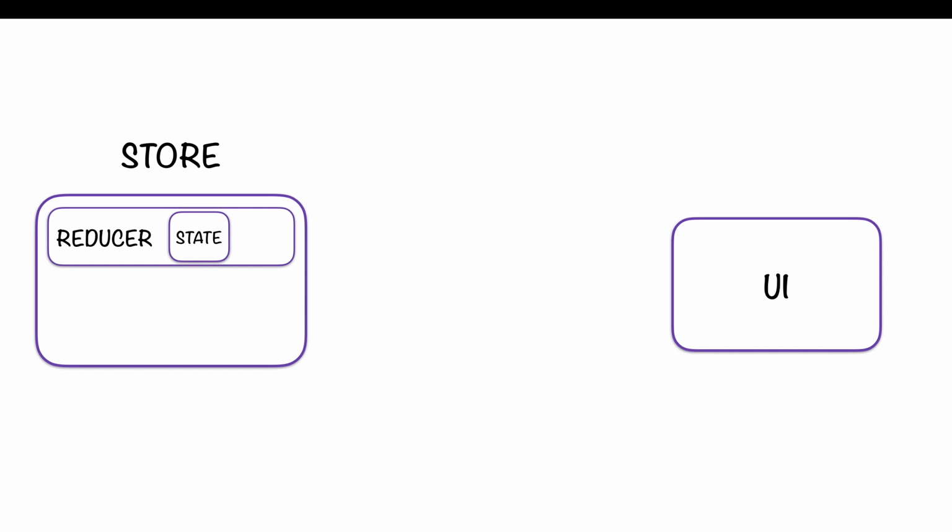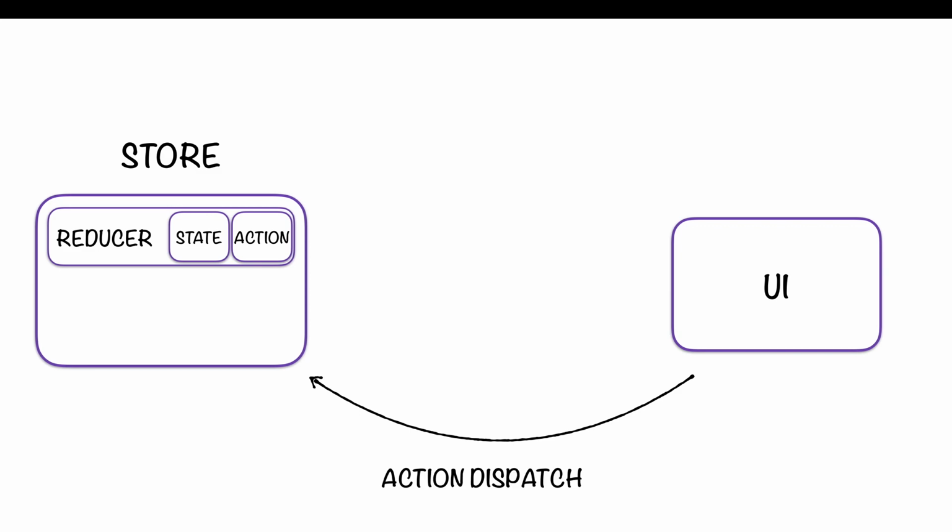So the initial state of the application is passed inside the reducer, and when some action of any kind reaches the reducer, this function is able to produce the next state. To produce the next state, the reducer gets also the action object.